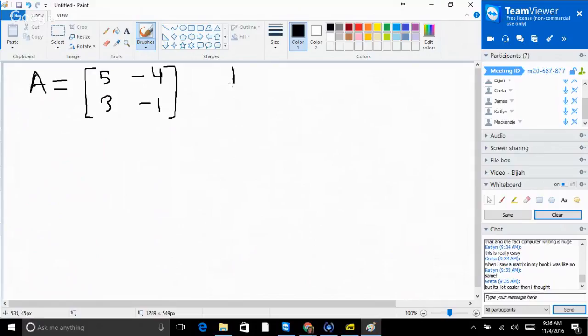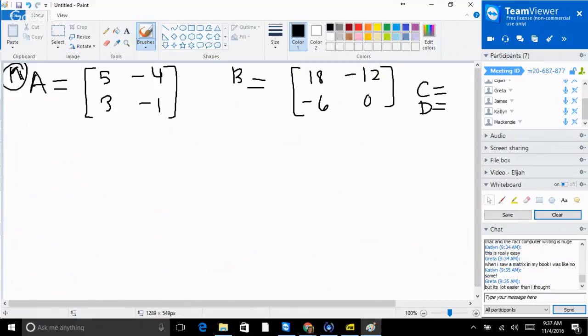Okay. And they tell you matrix B equals 18, -12, -6, 0. And then they tell you what matrix C and D equal as well. Okay. So again, this is on page 191 in your book. If you're doing your homework and you get there, oh, okay. So the problems below say something like this.